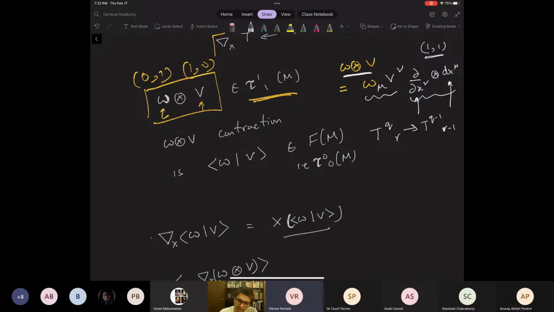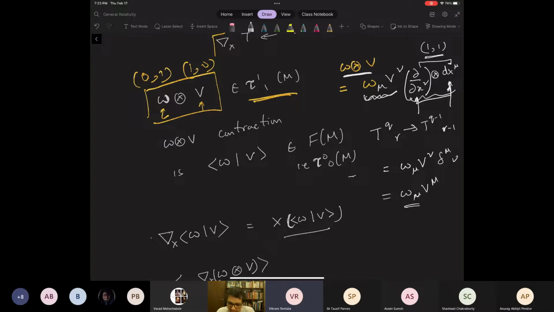For example, you imagine that this vector feeds on this dual vector. So this dual vector is supplied as input, and the result is that you get omega mu, and when it feeds on this, you get a delta mu nu. So I'll get V nu delta mu nu, and now when I take the summation, I'll just get omega mu V mu, which is a scalar.